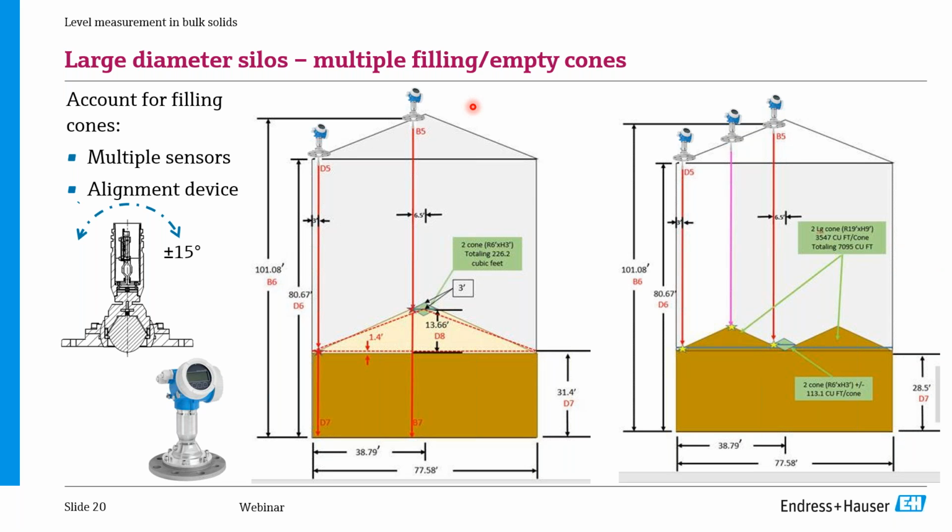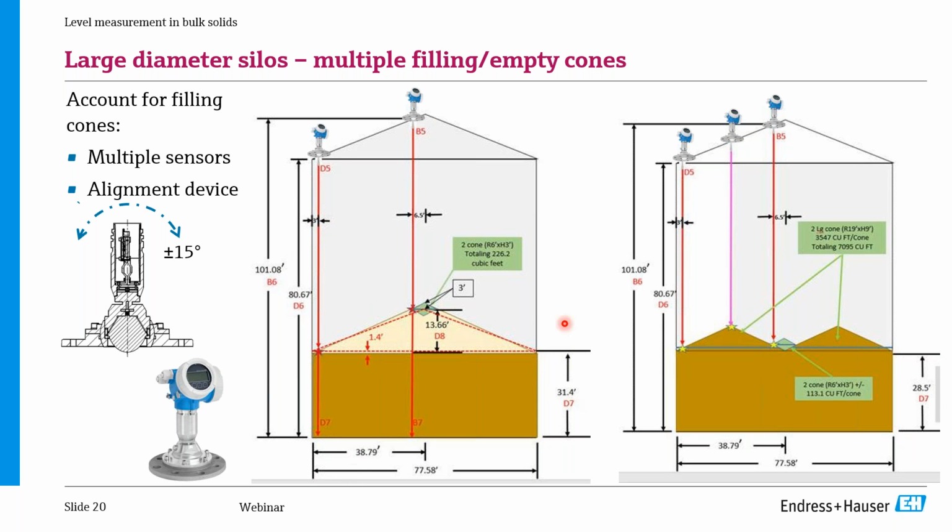So these are some of the hints we have if you have really large diameters. What I do suggest is to get in contact with our ESEs. They will give you all the support information to understand how many devices you need for your silo, and to define the best strategy to monitor the level in a very accurate way.